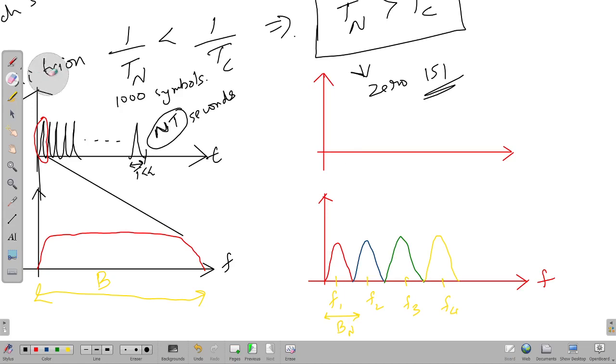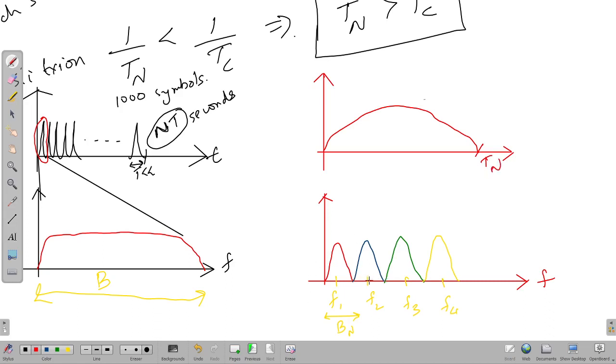Here in this case, in multi-carrier, the first substream will have more time duration, so it will consume all the space. It has more time duration because it has lesser bandwidth in the frequency domain, and that time duration, let's say, is Tn.